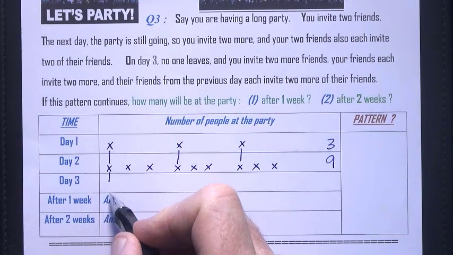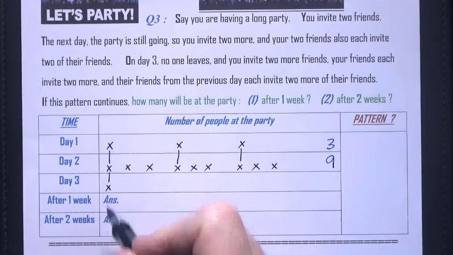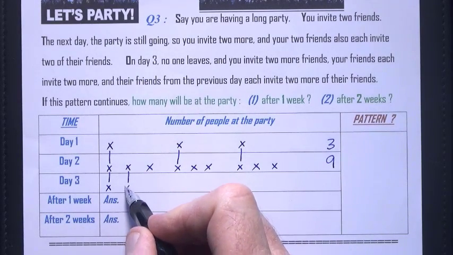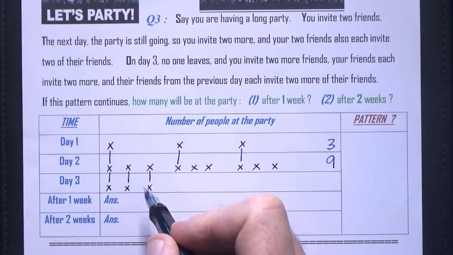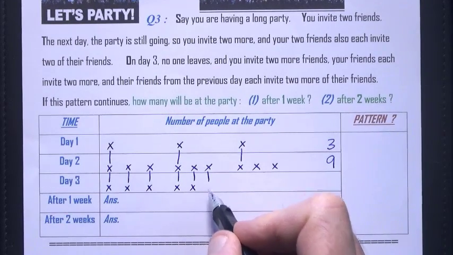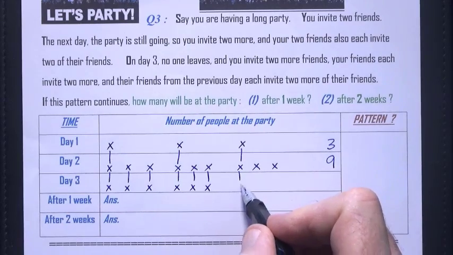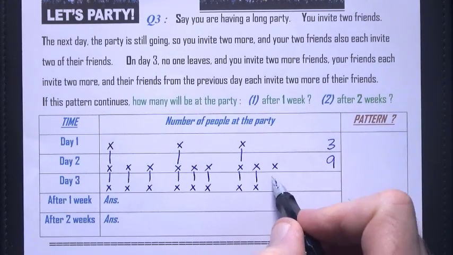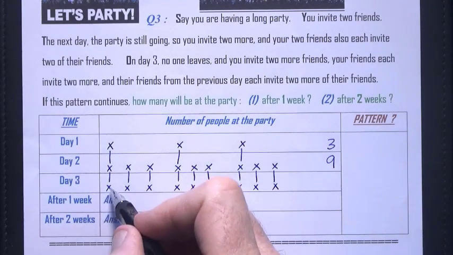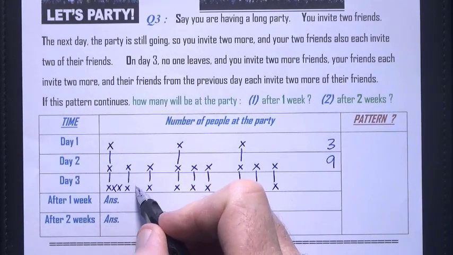Now, on day 3 you continue at the party, and so do each of these guys. They're all continuing. No one is leaving. But what happens is each of these people invite 2 more. You do.